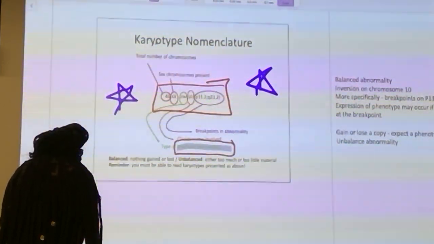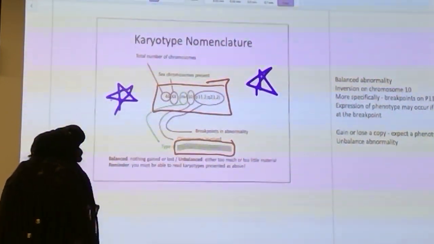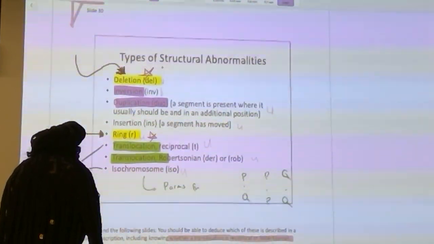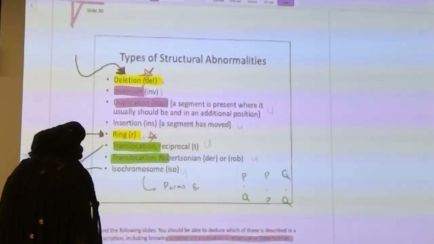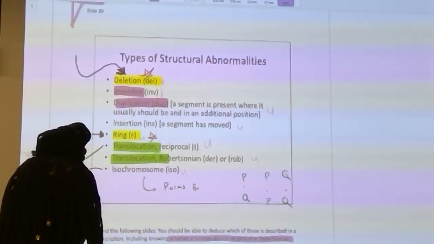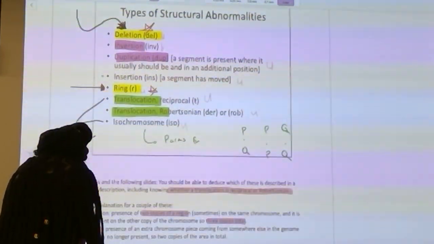Okay, for the nomenclature, you just need to be able to read it. And you need to know what these abnormalities are in a vignette. Deletion, you'll see a shortened chromosome, but all the other chromosomes are normal. Inversion, you see a chromosome that's flipped.